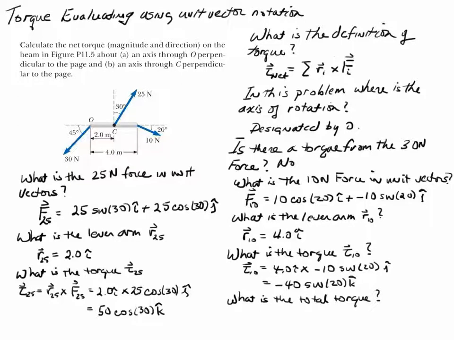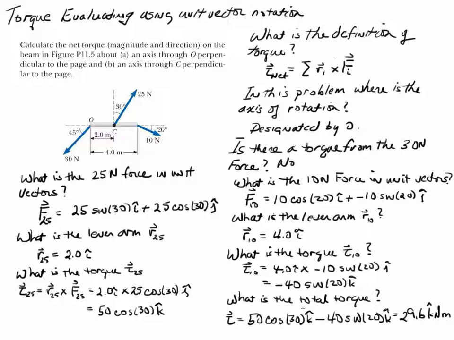Now, what is the total torque? Well, we've got two forces acting at two different points on the lever arm, both producing a torque. So we have to add both torques together. So we have torque sub 25, torque sub 10, we're going to add them. And after adding, we come out with total torque of 29.6 k hat Newton meters.